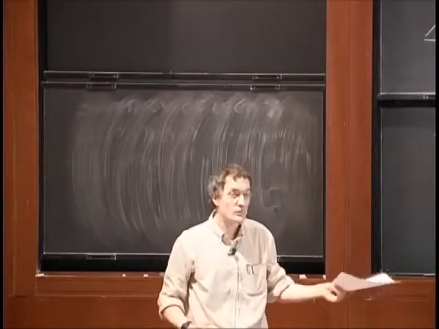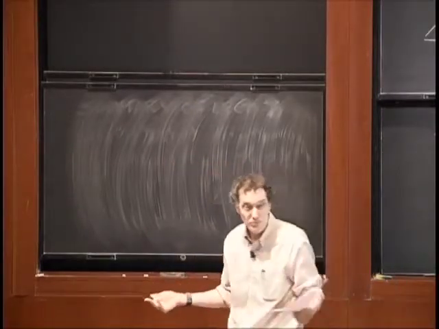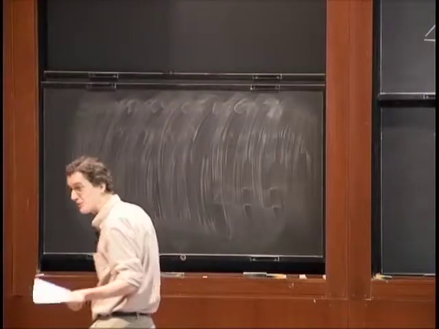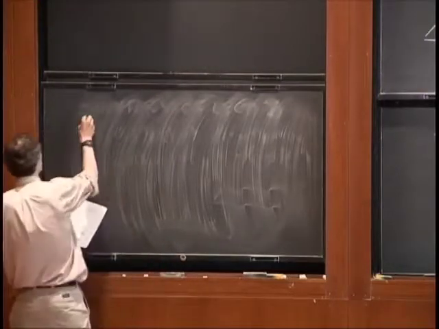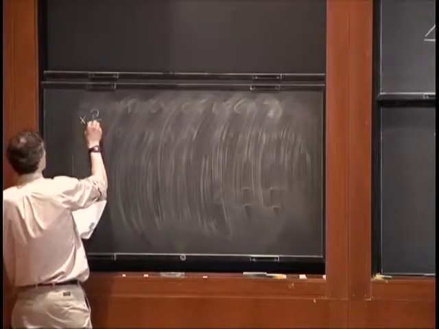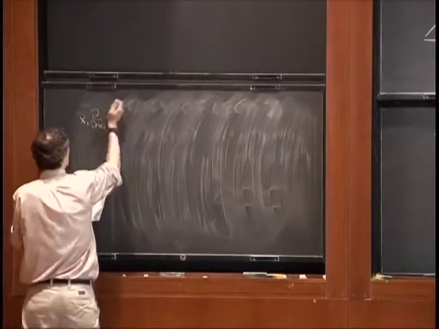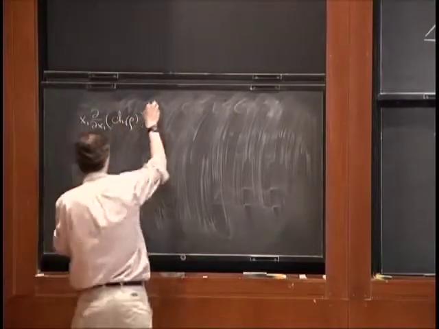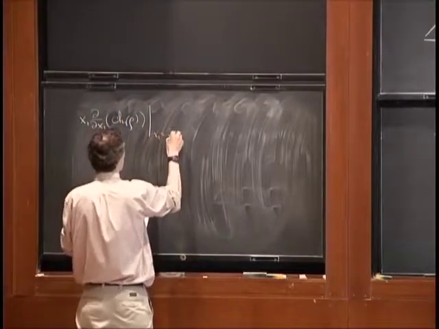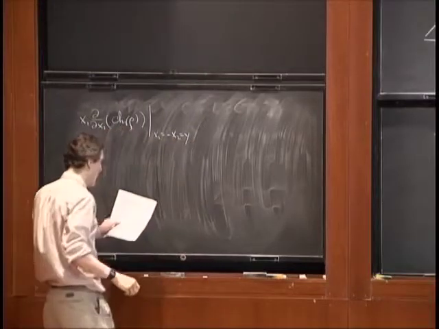But you see, the long representations have a second order 0, and the short representations have a first order 0. So that suggests that we should consider x1 d by dx1 times this character of rho. And then we set x1 equals minus x2 equals, let's say, y.